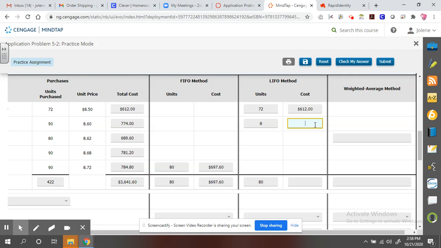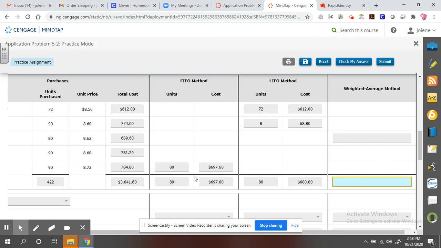And this is going to be 8 times the cost of $8.60. And then I have to add down. So there's your inventory for FIFO and your inventory for LIFO.